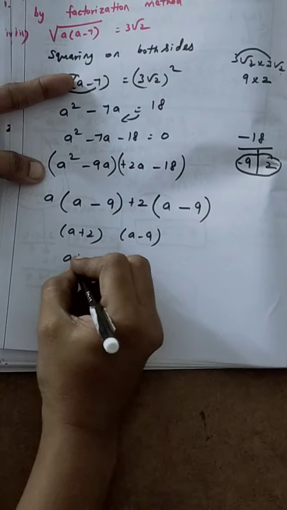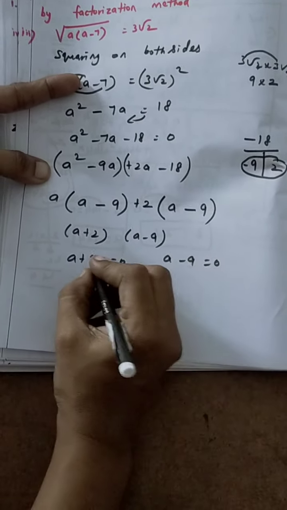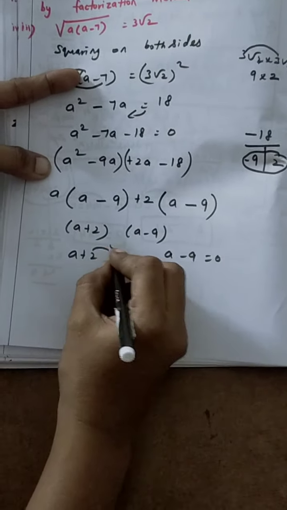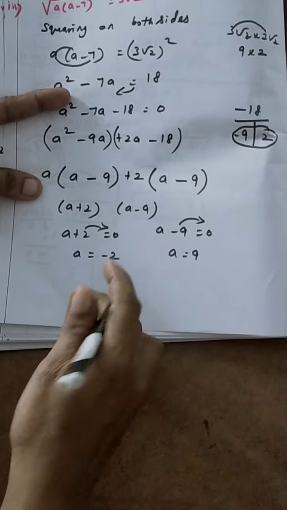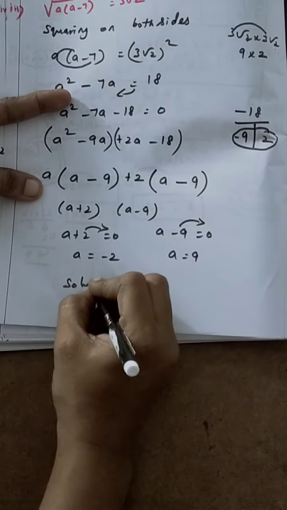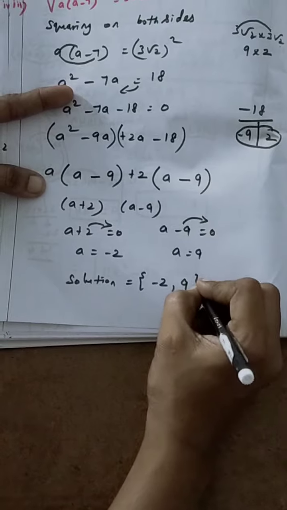So a plus 2 equals 0 and a minus 9 equals 0. 2 goes to the right hand side, a equals minus 2, and minus 9 goes to the right hand side, a equals 9. So write down the solution. Solution: a equals minus 2, comma, 9.